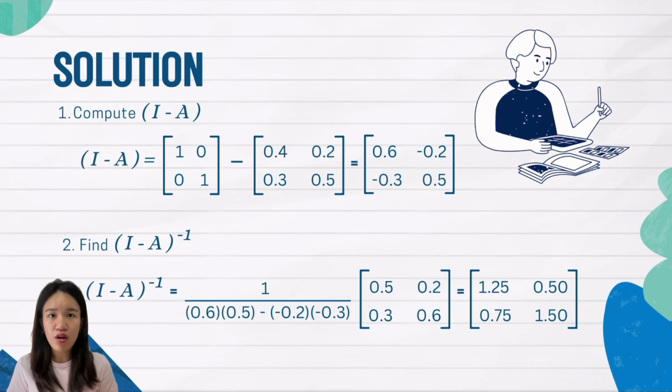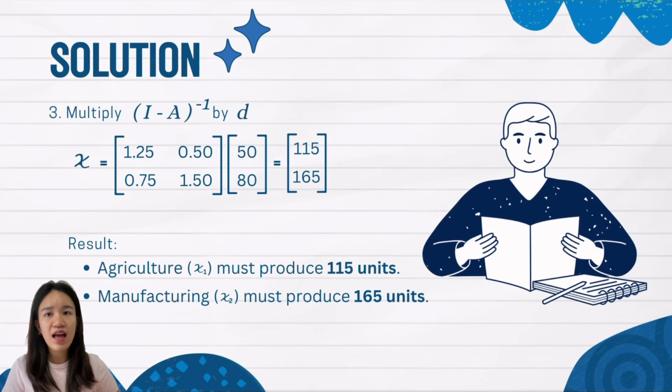First, we need to compute I minus A. After that, we need to find the inverse of I minus A. At the end, we need to multiply the inverse of I minus A by D. So, we can find that the agriculture S1 must produce 115 units, and the manufacturing S2 must produce 165 units.